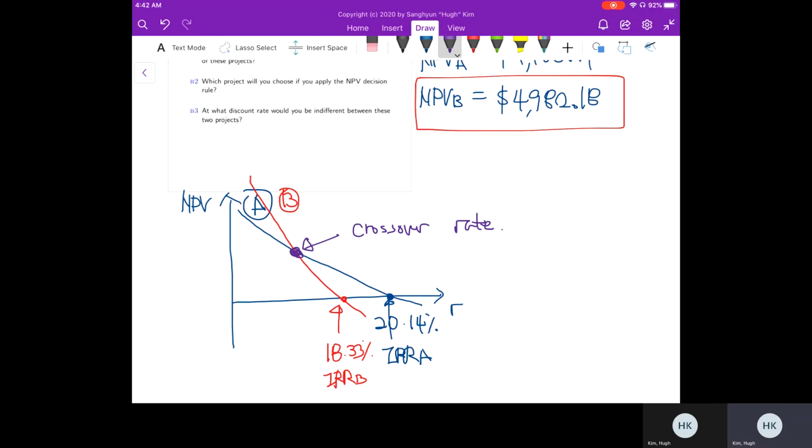So if the required rate of return is below this crossover rate, so if we are here, then we should always accept project B. However, if the required rate of return is greater than this crossover rate, then we must accept project A as long as it has a positive NPV.